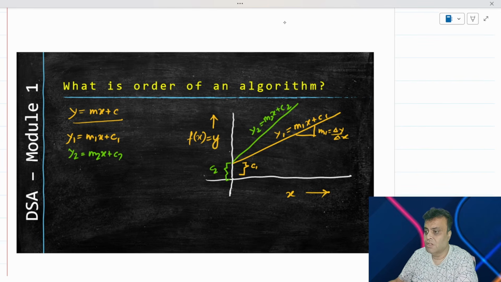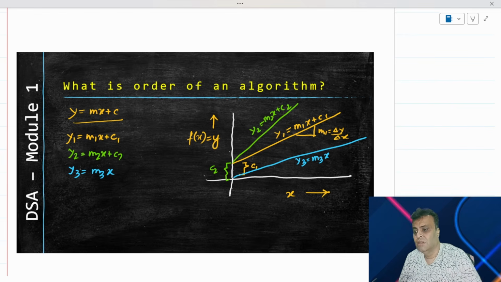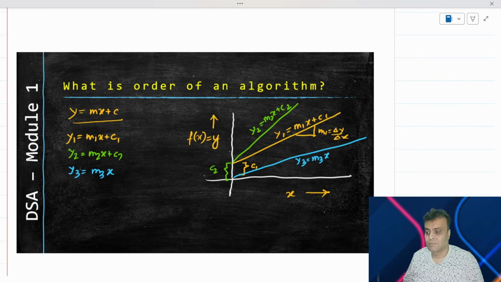If we have one more curve, y3 is equal to m3x, and there is no intercept component to that curve, then I'm sure you can understand it may look like this, which is y3 equal to m3x. Now what is changing in these graphs? These three graphs have a changing amount of slope. They have a changing amount of intercepts.